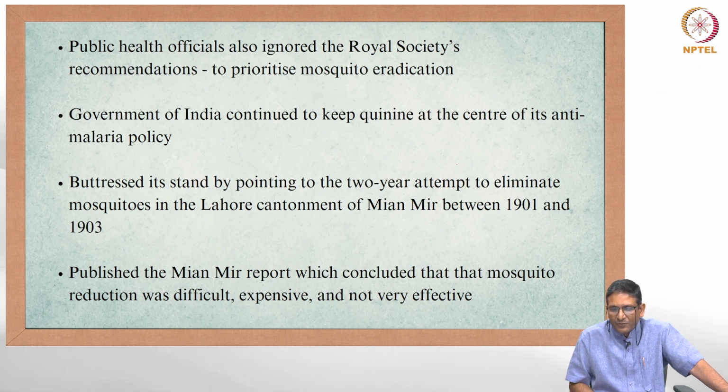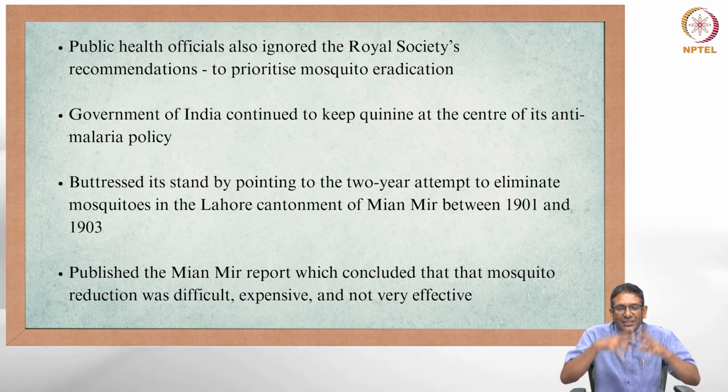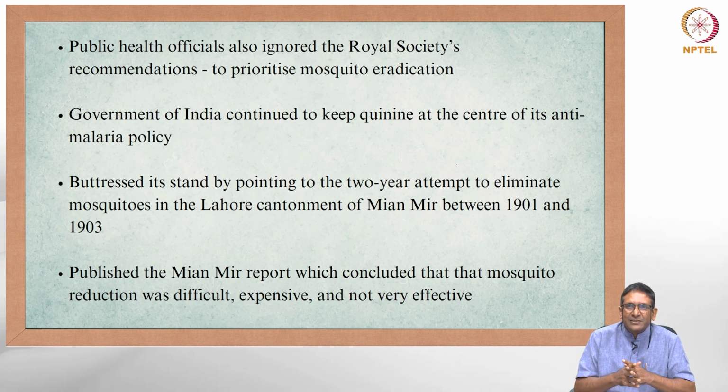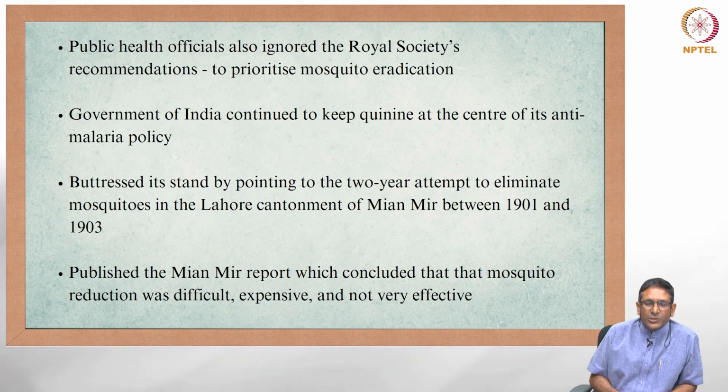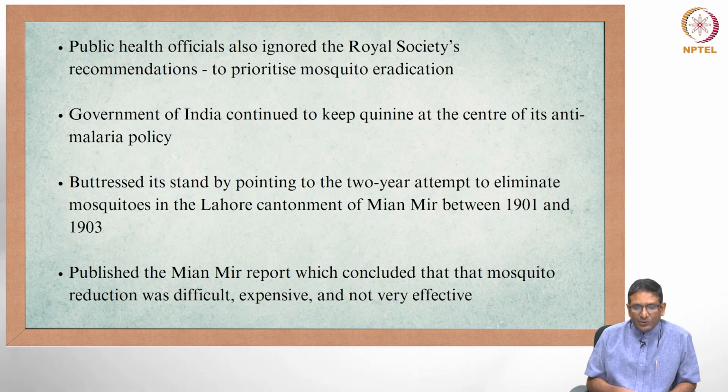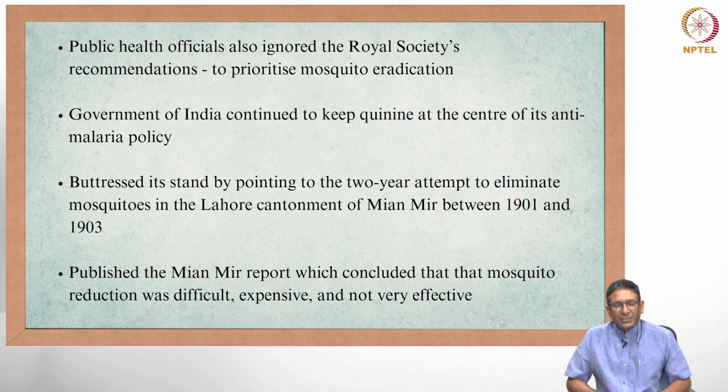That was tried for a couple of years, and it stood out as an egregious failure. The government published the report of this effort and used that to buttress its point that mosquito eradication was very difficult, costly and not very effective.